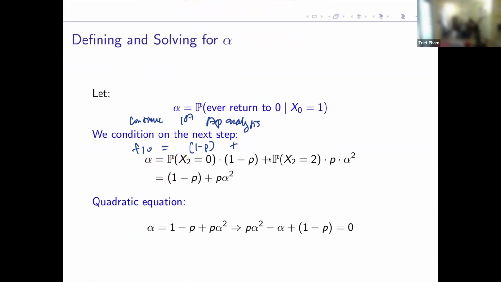Or, God forbid, you move one more step to the right, and now you have to return, and now you have to return 2 steps. So this is f20. Are we okay?